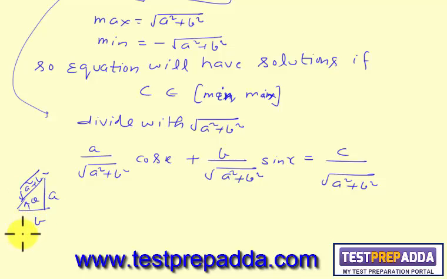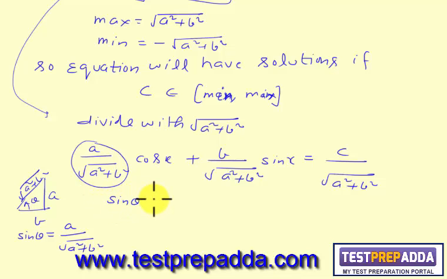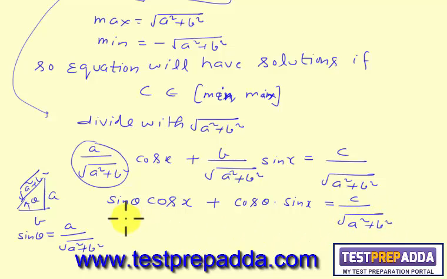What will be sin theta? Sin theta I can write as a upon root a square plus b square. In place of this I can write sin theta. So sin theta cos x plus b upon root a square plus b square, that is cos theta, into sin x is equal to a constant c upon root a square plus b square.